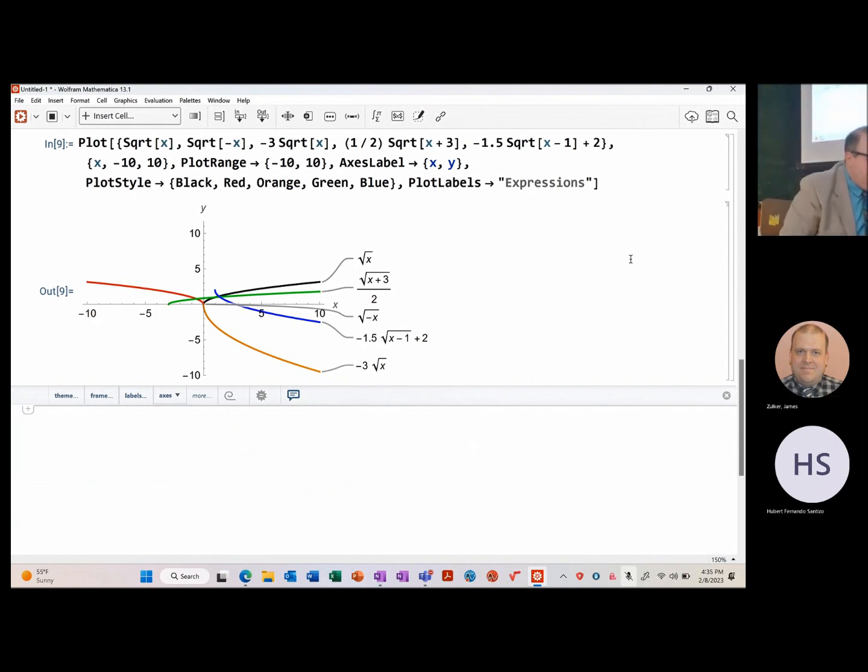Oh, I like that shape. I like what the square root of -x and -3 square root of x do. Makes a nice little S shape. Hey, that last one looks pretty close to what we drew, so I'm going to go with it. Yay! Did pretty good.